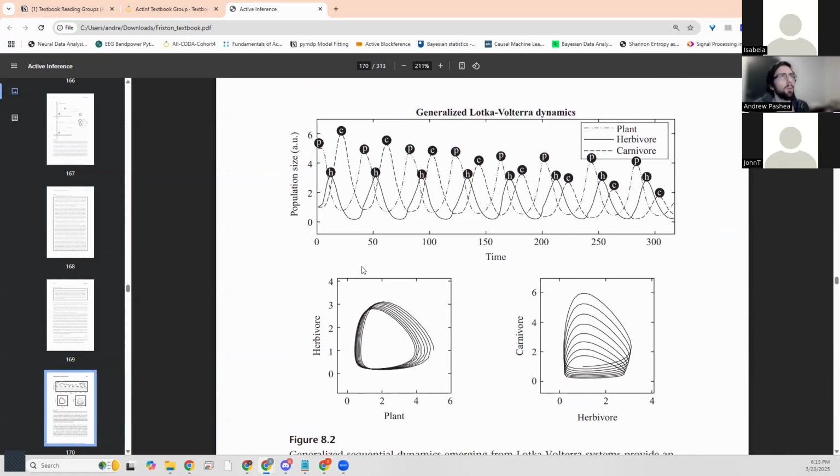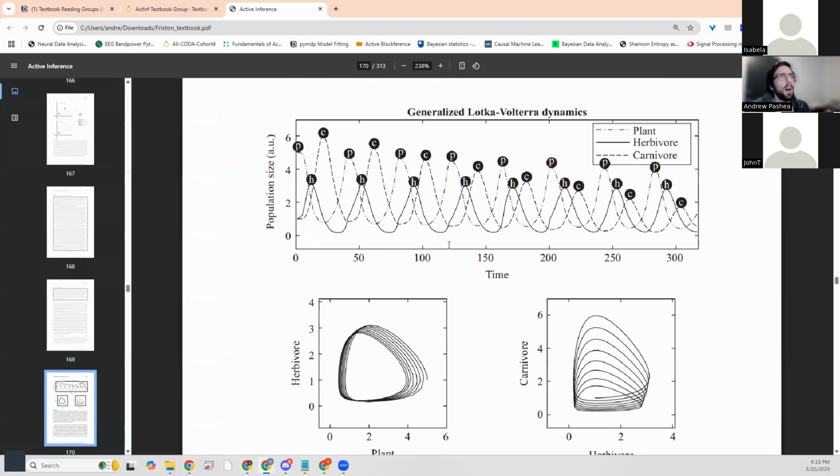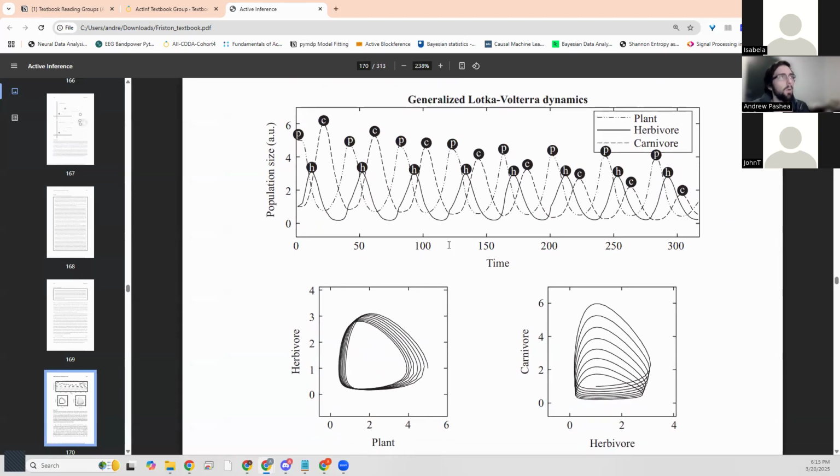So we're also looking a lot at examples that use dynamical systems. A good example is the generalized Lotka-Volterra dynamics. This is a classic ecological model that looks at relationships between plants, herbivores, and carnivores. The commonsensical notion of it is that the carnivores eat the herbivores who eat the plants, and then the plants need enough time to regrow.